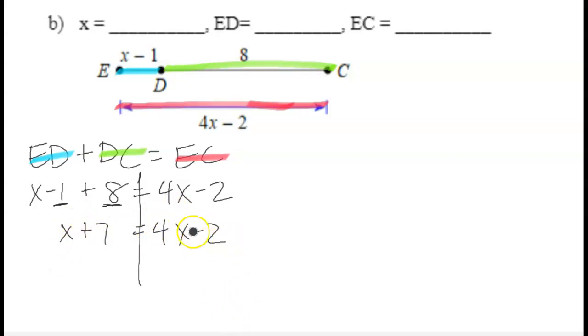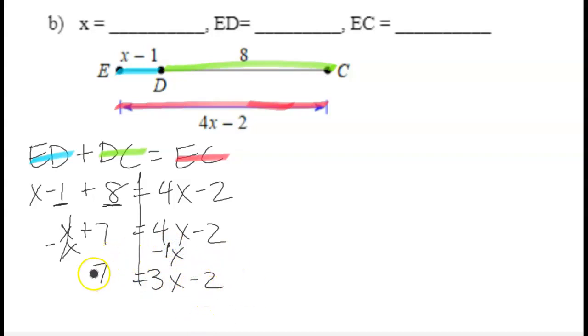Alright, from this point, I want to gather all of my x's onto the same side and all my numbers onto the opposite side. I'm going to do that by doing the opposite. This is positive x, and the opposite is negative x. So essentially what's happening is I'm getting rid of it here and moving it over to this side. But since it's negative, I'm left with 4x minus 1x, which is 3x.